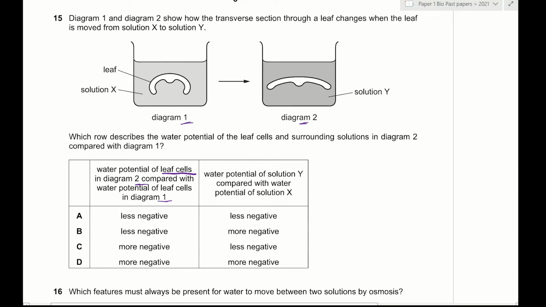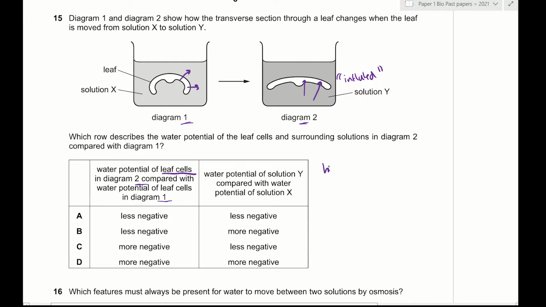In diagram 2 here, we can see that the leaf is almost more inflated, meaning that water has actually entered the leaf, compared with solution X, where here it's obvious that the water has actually left the leaf because it's more curled. Therefore, water potential in diagram 2 is going to be higher.